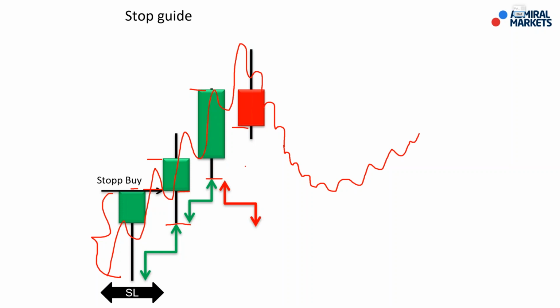This is the reason why, if you have an inside bar, you have to pull your stop back to the former candle. Here is your stop. Now you have your inside bar, so put your stop back to the former candle.